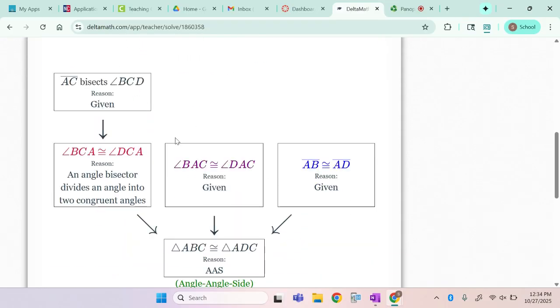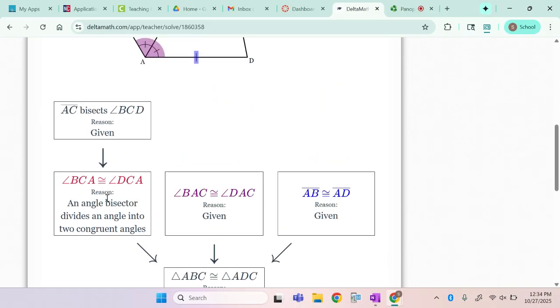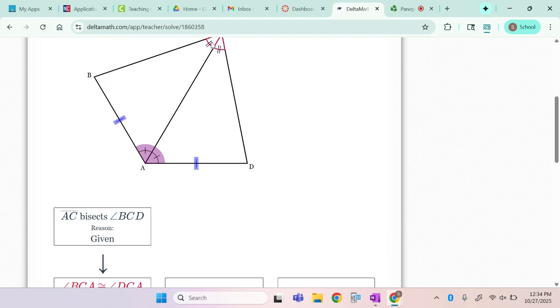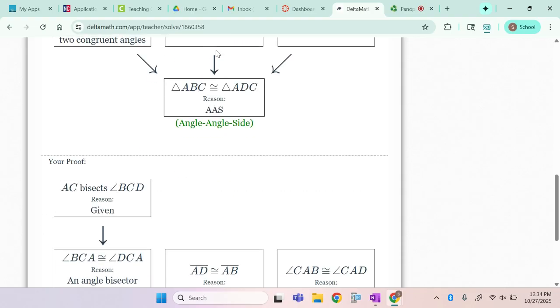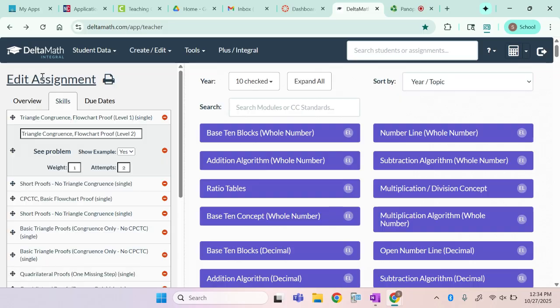So guys, that's the thing with proofs. Some statements will lead into another, all right? So that's why with flow proofs, there's a connection. So if we said that this segment bisects this angle, that means that those two baby angles up here are congruent because that's the definition of an angle bisector. All right. Any questions on that one? All right, go to the next one.